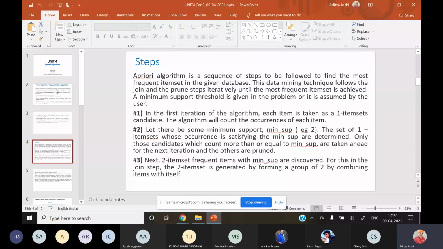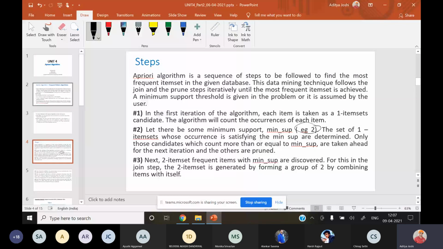We can have minimum support 3 as well. The one-item sets whose occurrence satisfies the minimum support are taken to the next step, and if the item sets are less than the minimum support, we will remove that item.